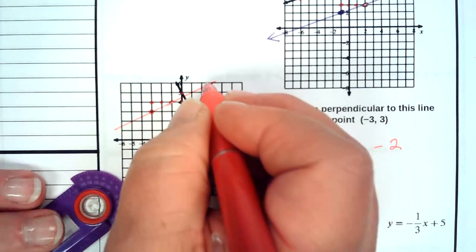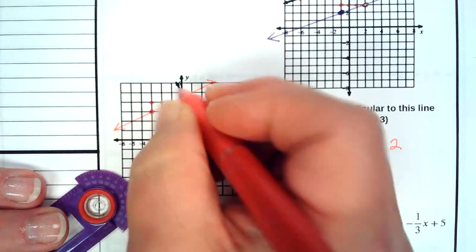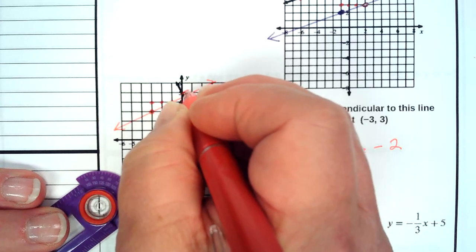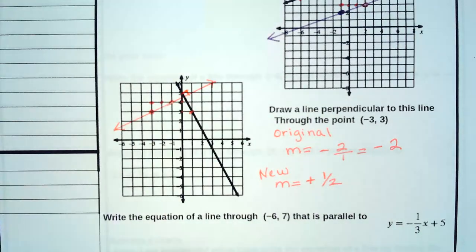These are perpendicular. If I draw that little box, even if I've got my lines off a little bit on the grid, that tells my reader that these are perpendicular.